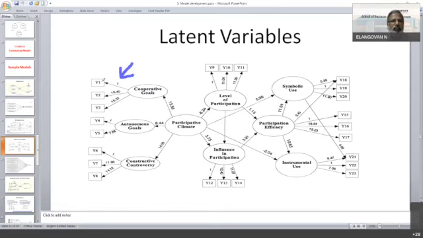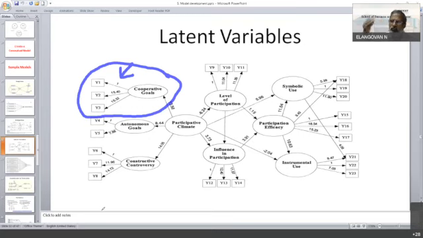The direction, if you see, is from the latent variable to the measure. So we call this entirely a reflective variable. Most of our latent constructs are reflective constructs only.